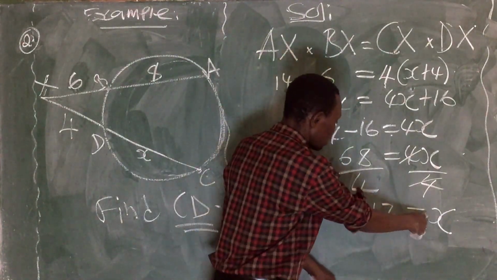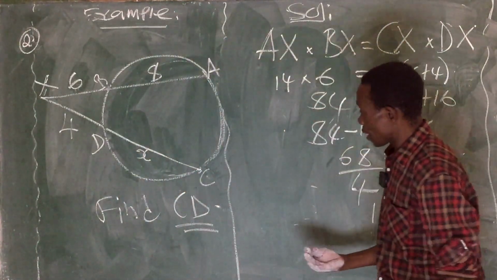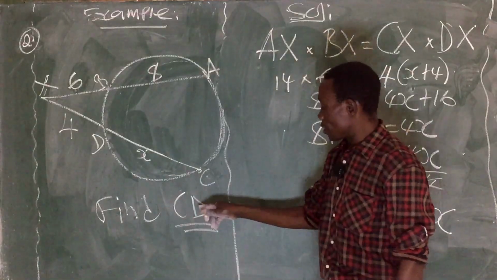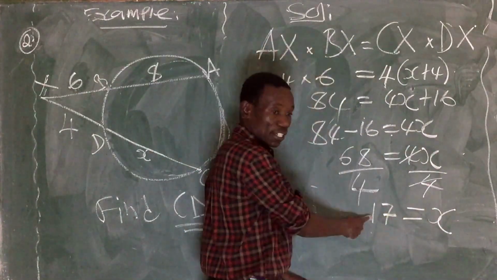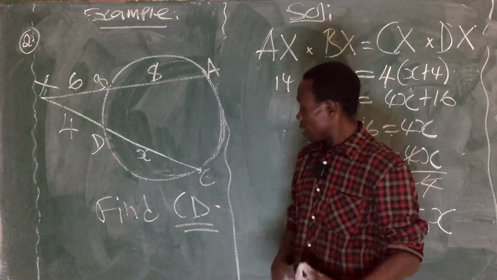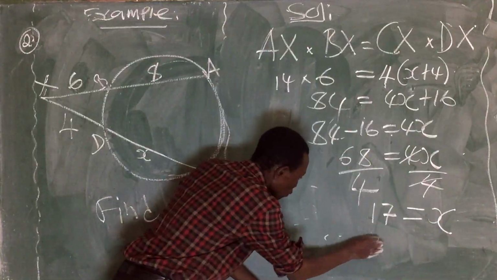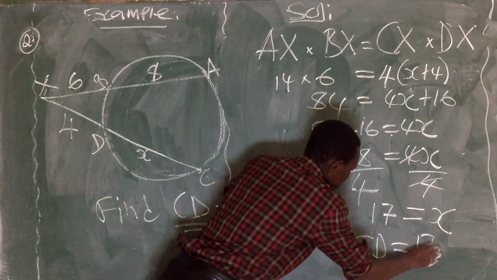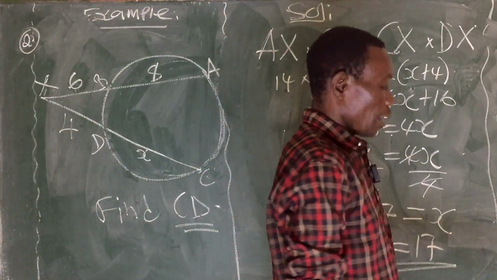So the value of X in this case is what? 17. So here you'll be able to see that X is representing the distance CD. So if X has been found as 17, then CD is 17. So you conclude that therefore CD is equal to 17. With that, we're done.